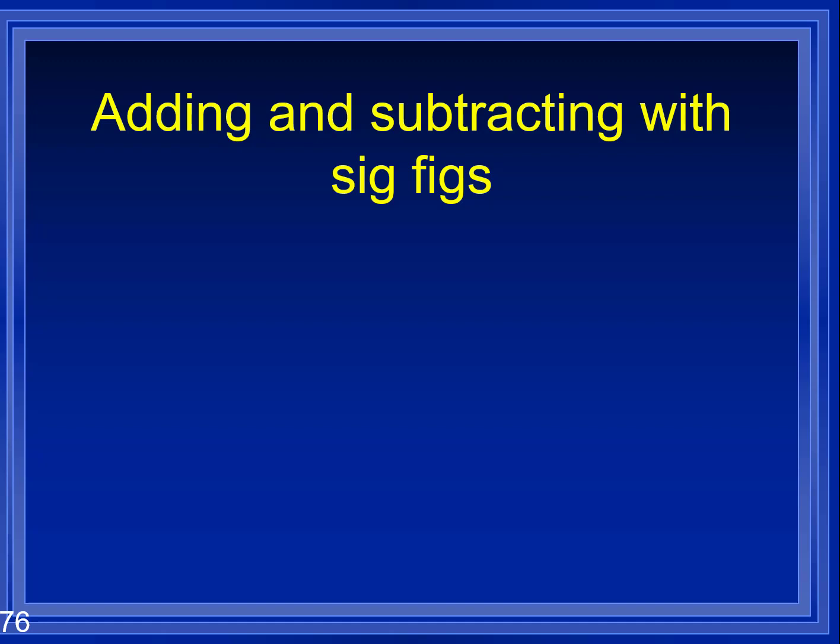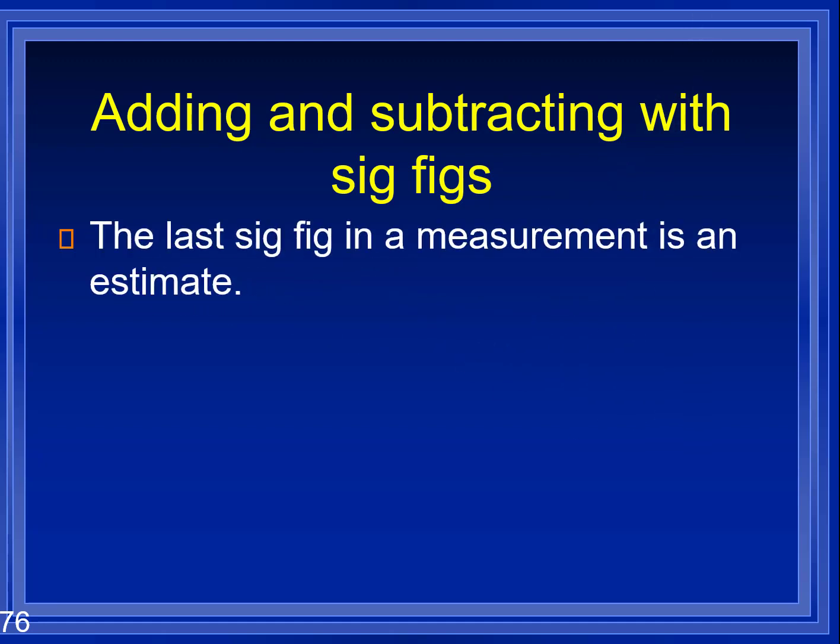And the whole basis behind where we round off when we add and subtract is that we know that the last sig fig in a measurement is estimated. We're not sure of it. Right? The last sig fig is always an estimated number.